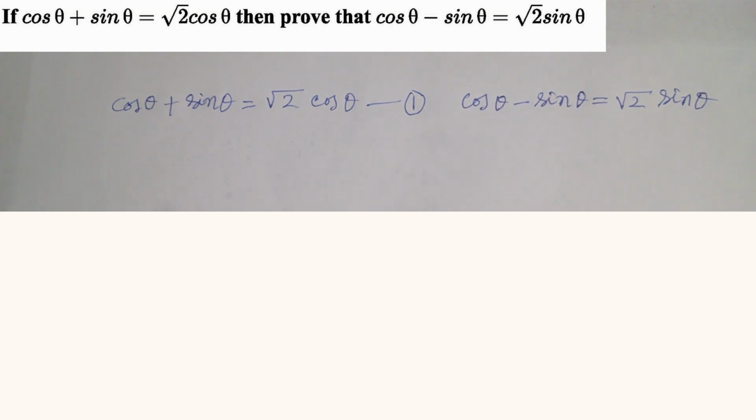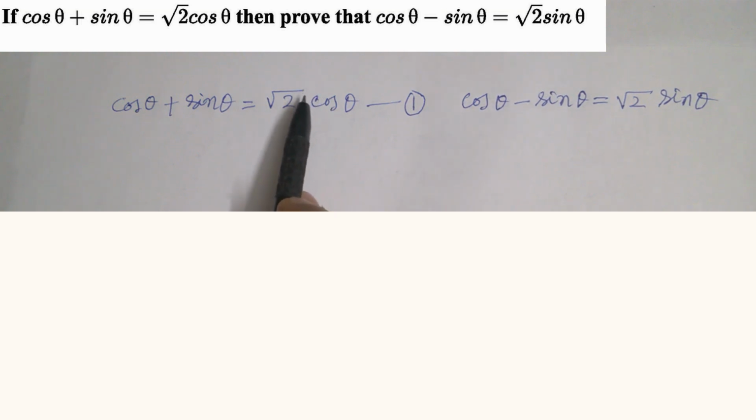See, in the given equation the right hand side is root 2 cos theta, and in the equation to be proved the right hand side is root 2 sin theta. Here with root 2 cos theta, here with root 2 sin theta.